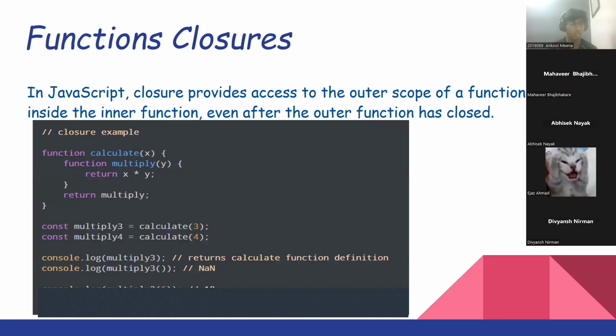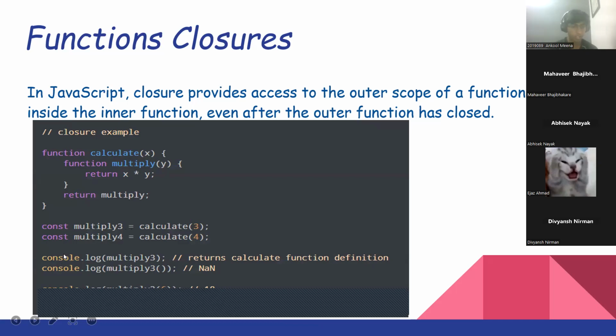Later, I have created const multiply 3 and const multiply 4 by calling calculate with 3 and 4, the outside function, and I use multiply 3 to access it. This is called a closure. This multiply 3 and multiply 4 are closures.